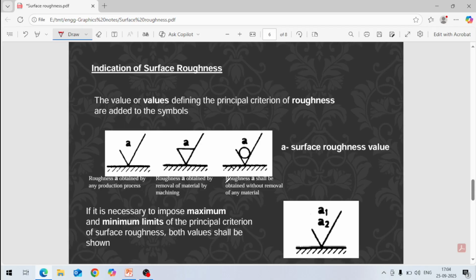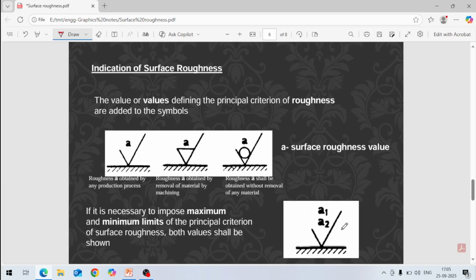And if the surface is obtained without any machining, no removal of material, like casting, forging and other processes, then we put a circle here. That means machining, removal of material, is not required. The value of the surface finish or surface roughness is given here.